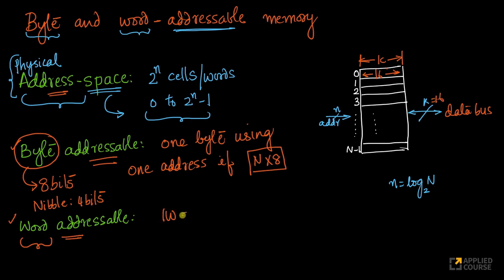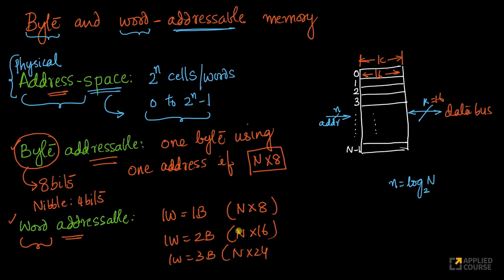One word can be equal to 1 byte if your memory chip is N cross 8. Your one word could be 2 bytes if your memory chip is N cross 16. Your one word could be 3 bytes if your memory chip is N cross 24. So the definition of a word is not fixed. A word is nothing but a cell.